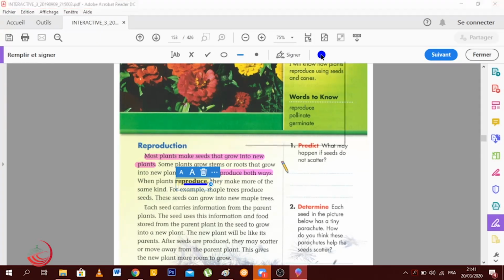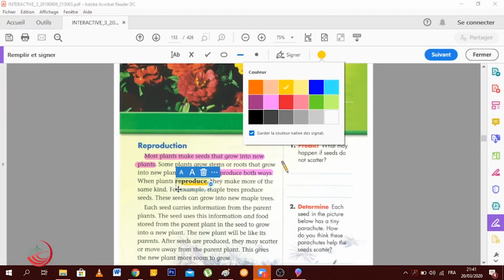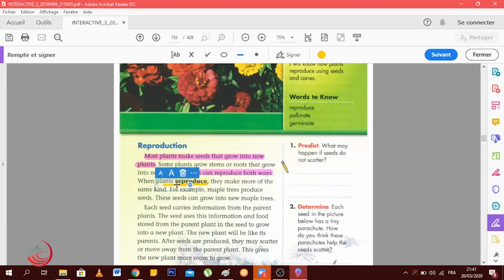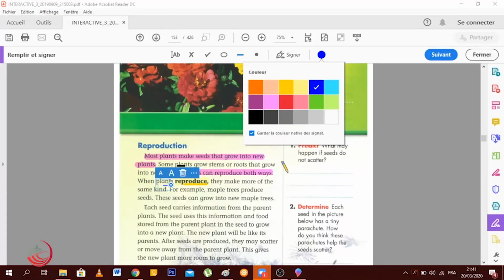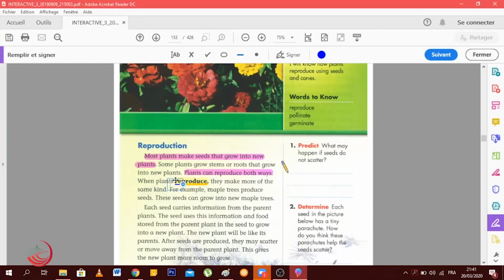Very good, I'm proud of you. And re is the prefix, and this prefix means again. So re, produce again, or grow again, or create again.